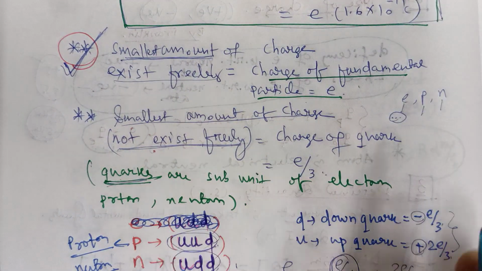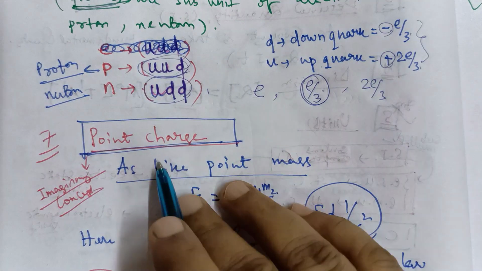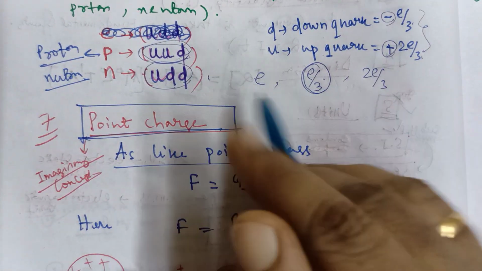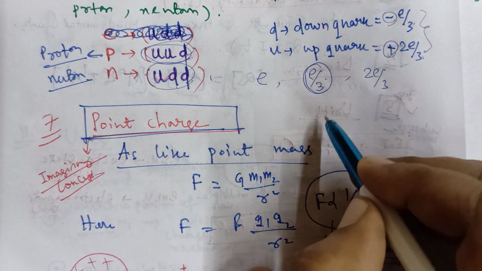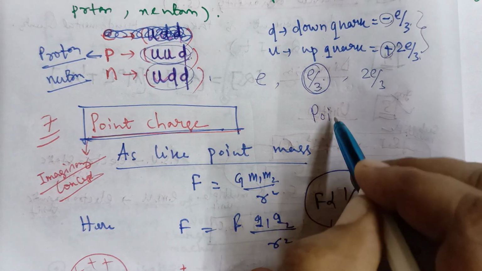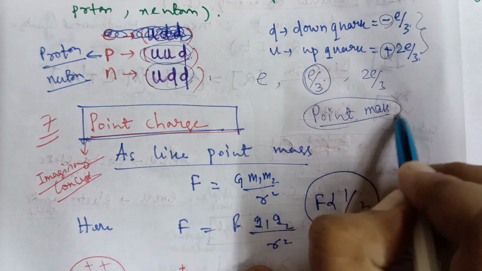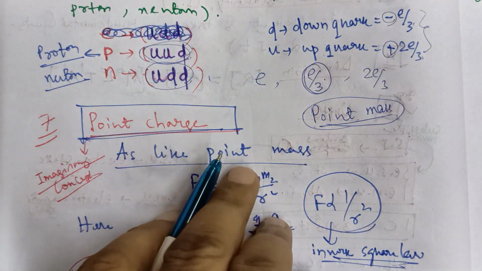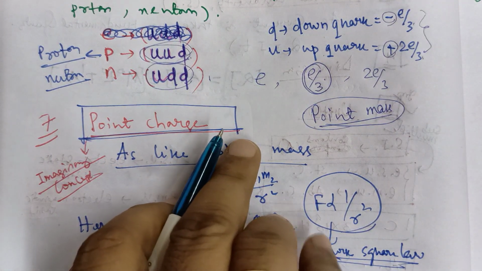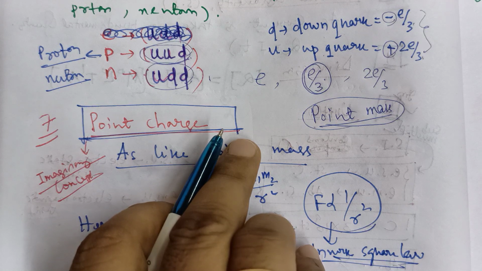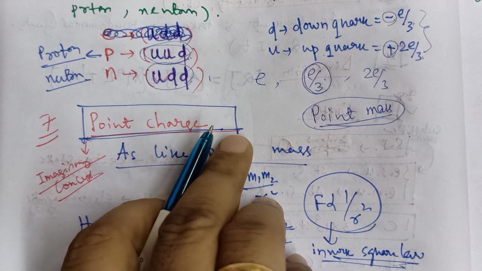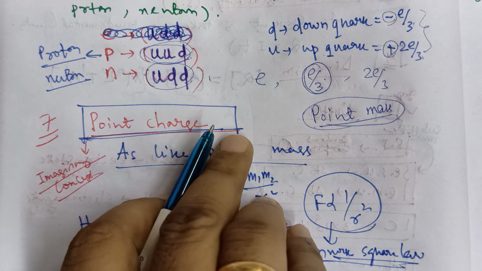Now we will discuss what is point charge. Like in your class 11, you know what is point mass. You have heard about point mass. I am giving an example. A bus starts from your institute and goes for a picnic on a long tour, say from Bhubaneswar to Delhi.